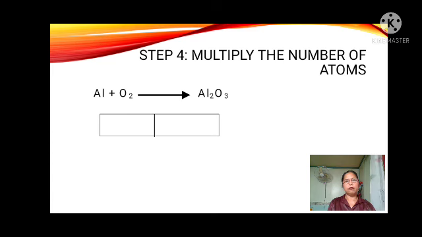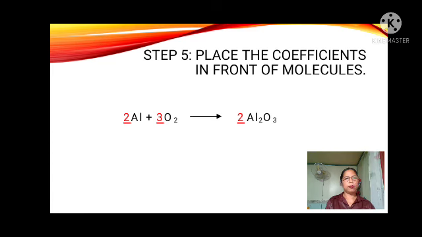So let's have the next step, step 5. Place the coefficients in front of the molecules. These are the coefficients. For aluminum we have 2, for oxygen we have 3, for aluminum oxide we have 2. After we have multiplied the number of atoms of each element, we see to it that both sides are equal.